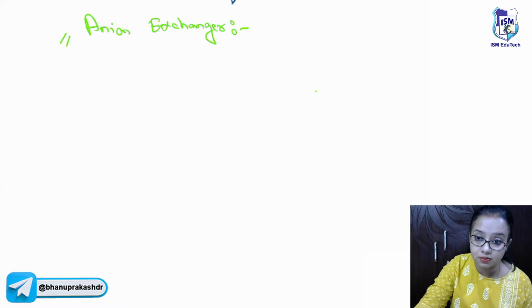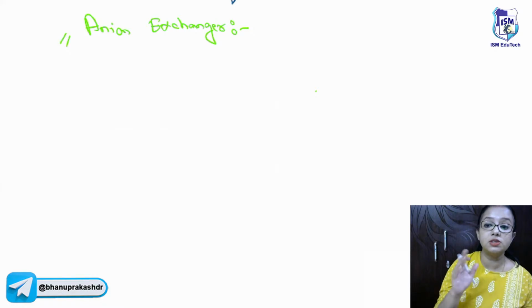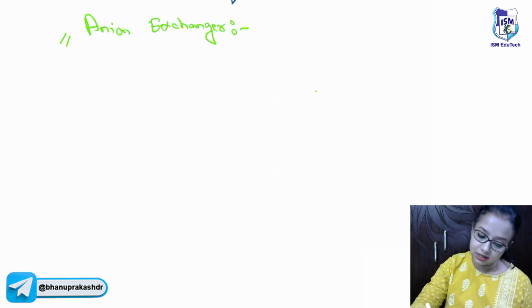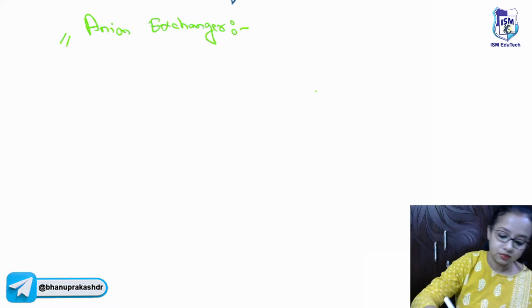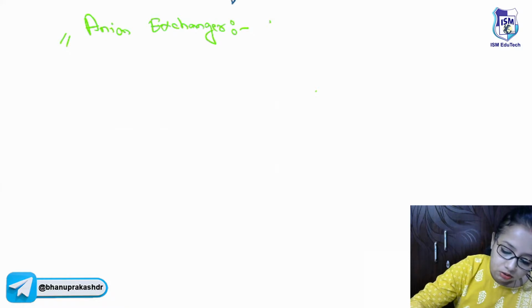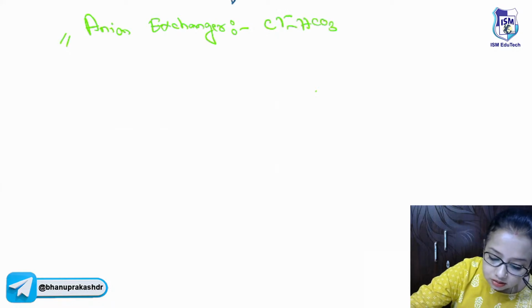But in all of them, the common thing is that sodium is a must. Sodium is present, right? But this anion exchanger is one of its type in which there is no sodium. This is the chloride bicarbonate exchanger.